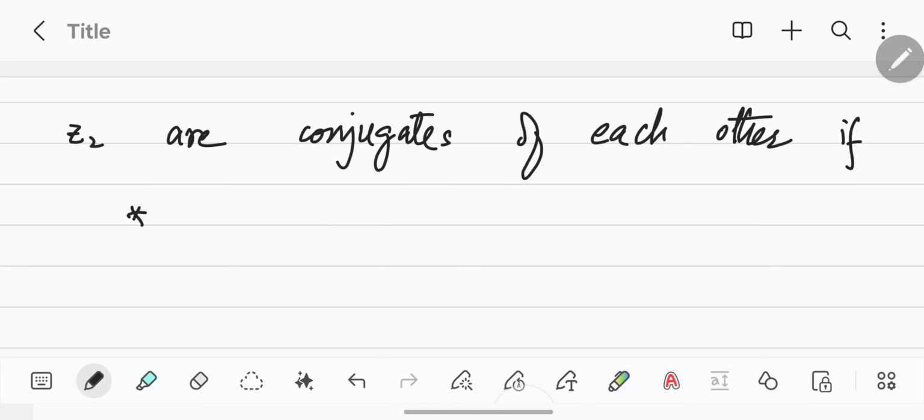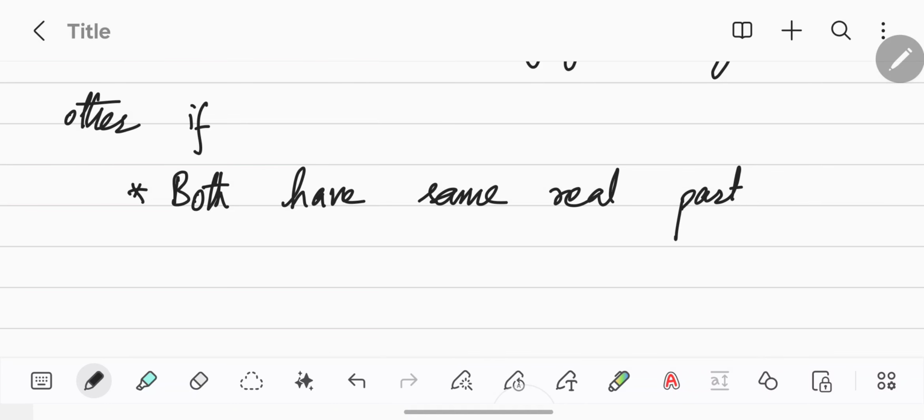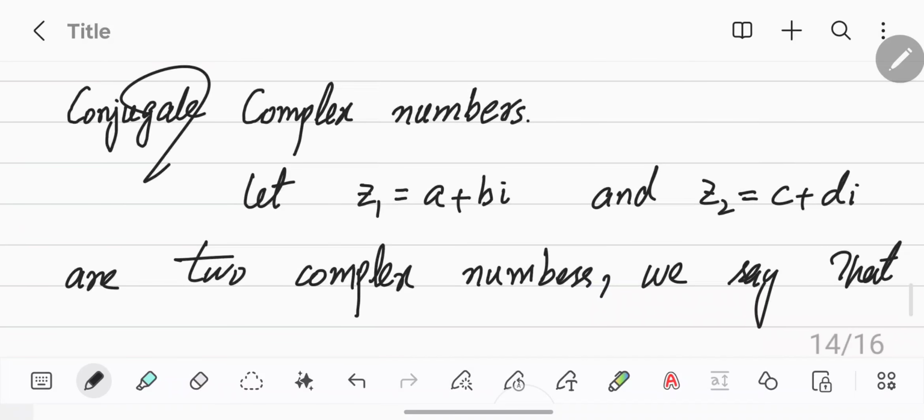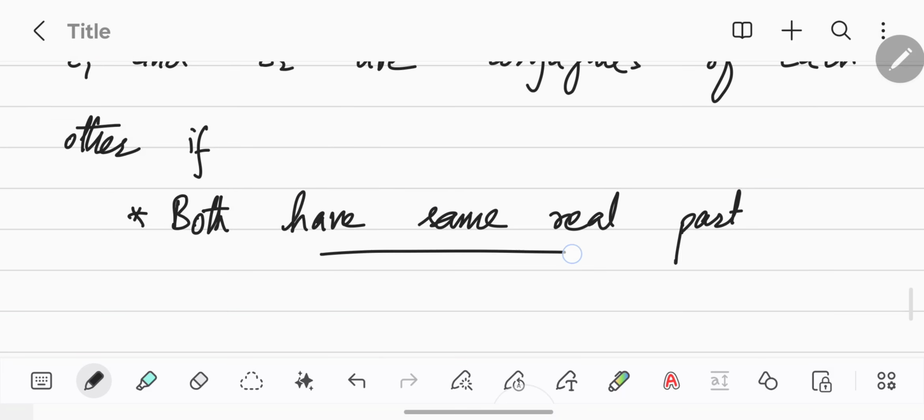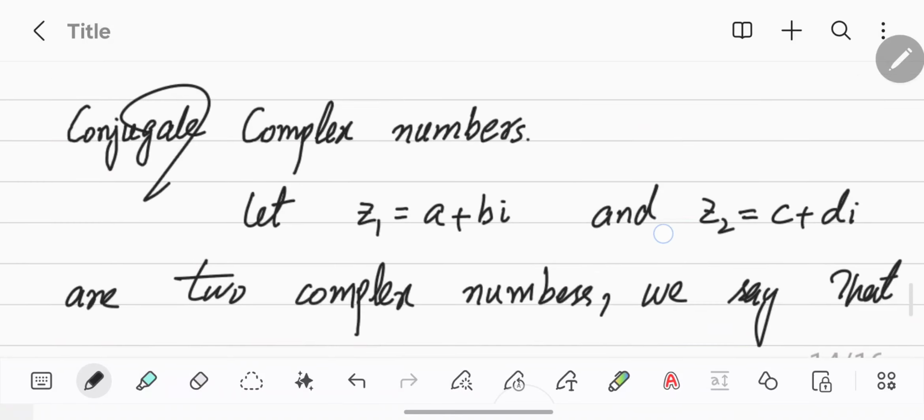The first condition is both have the same real part. So if z1 is a plus b iota and z2 is c plus d iota, their real parts are a and c. The first condition says that both must have the same real part.